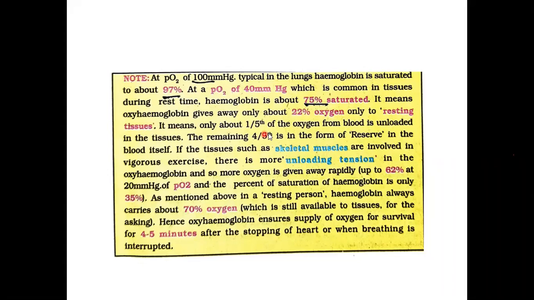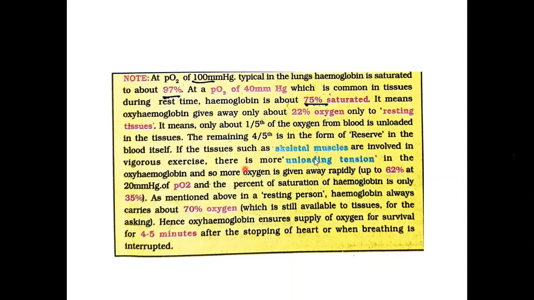Around 1/5 of the oxygen will be given, and the remaining 4/5 will remain as reserve in the tissues. That means 75% of the hemoglobin is still attached to oxygen.